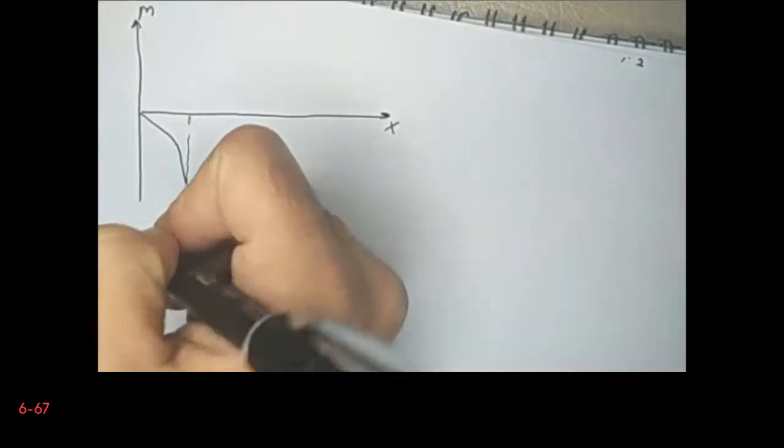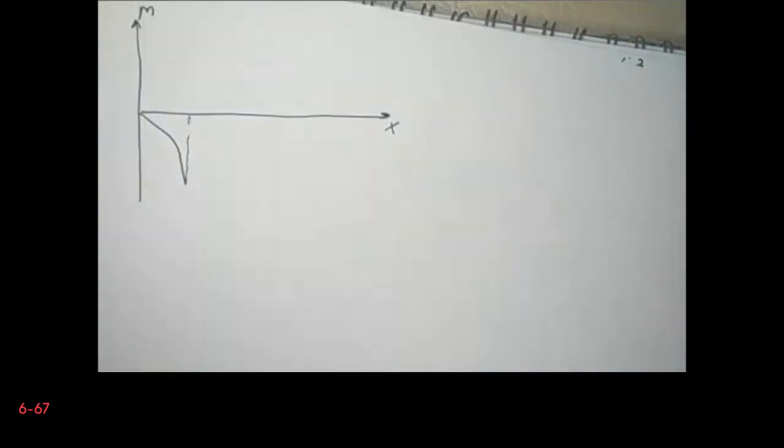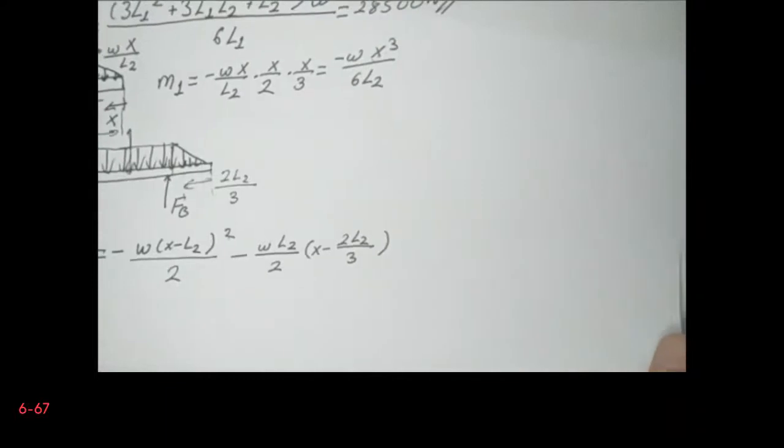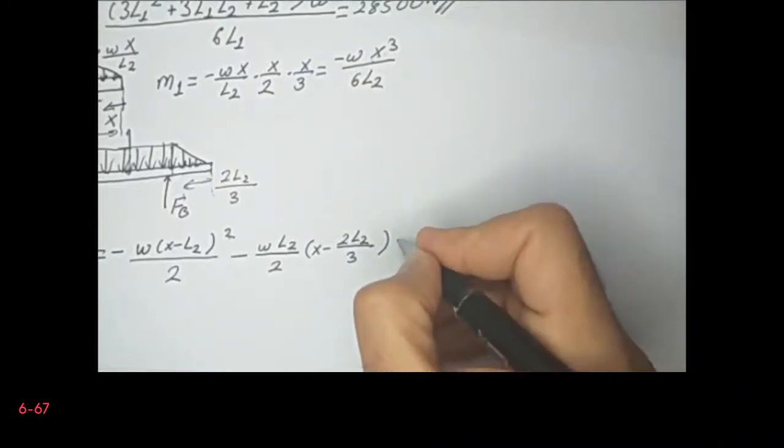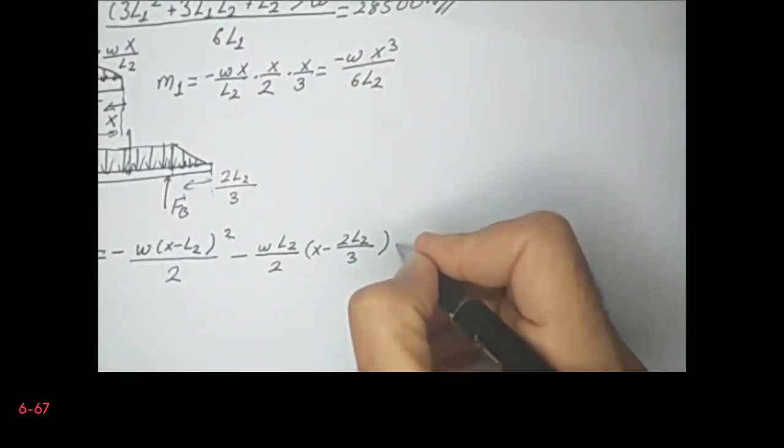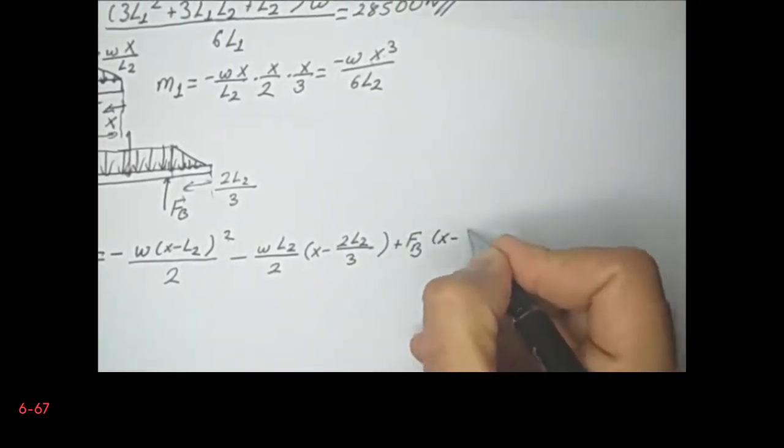Oh, we made a mistake. Sorry. For the point B we also have the FB. I forgot to take the moment of FB. So the moment of FB is equal to plus FB multiplied by (x minus L2).